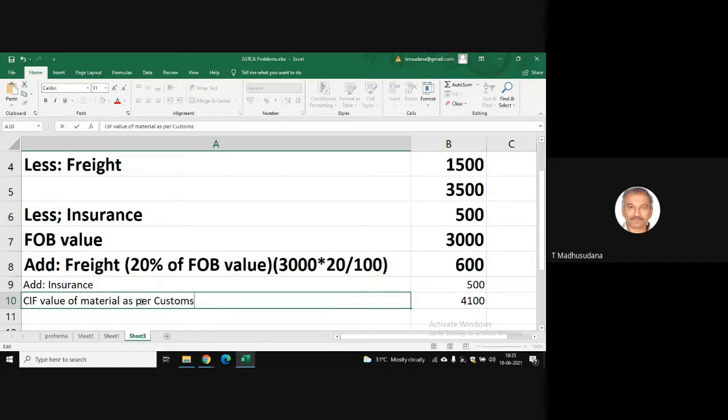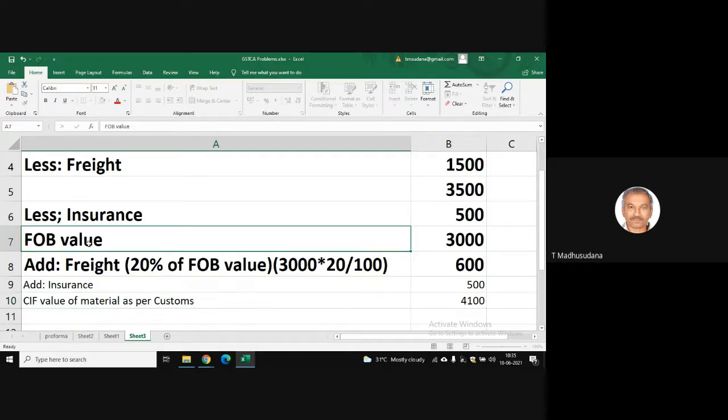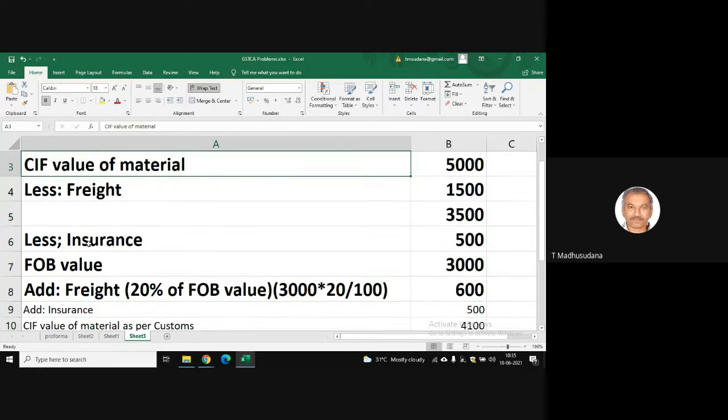So here in this problem, since the importer has purchased goods from the exporter at CAF value only, the importer has agreed to buy goods at CAF value, which is 5,000 US dollars. But actually, that CAF value of material includes the profit of the exporter also. Therefore, CAF value means the price of material which includes every expense.